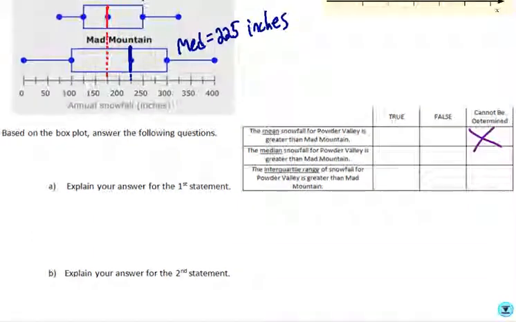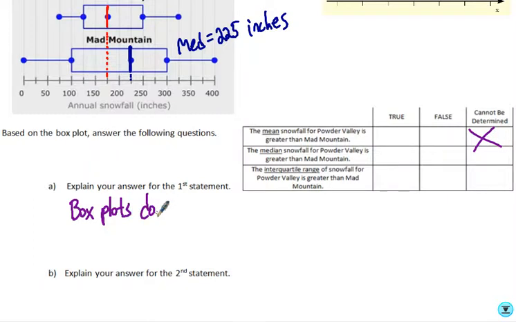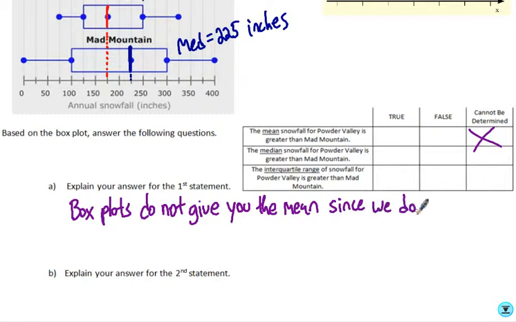Again, our explanation for that is that box plots do not give you the mean, since we don't know the individual data points.